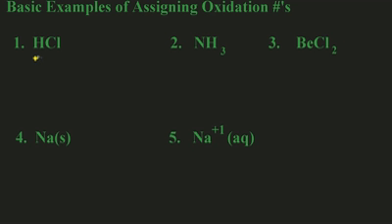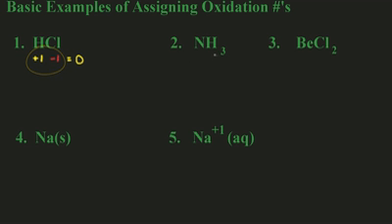I know hydrogen has a +1 charge. Well, what do I need to add to hydrogen to get a neutral charge? Well, that thing I need to add is a -1. So these now have their oxidation numbers: +1 for hydrogen, -1 for chlorine.